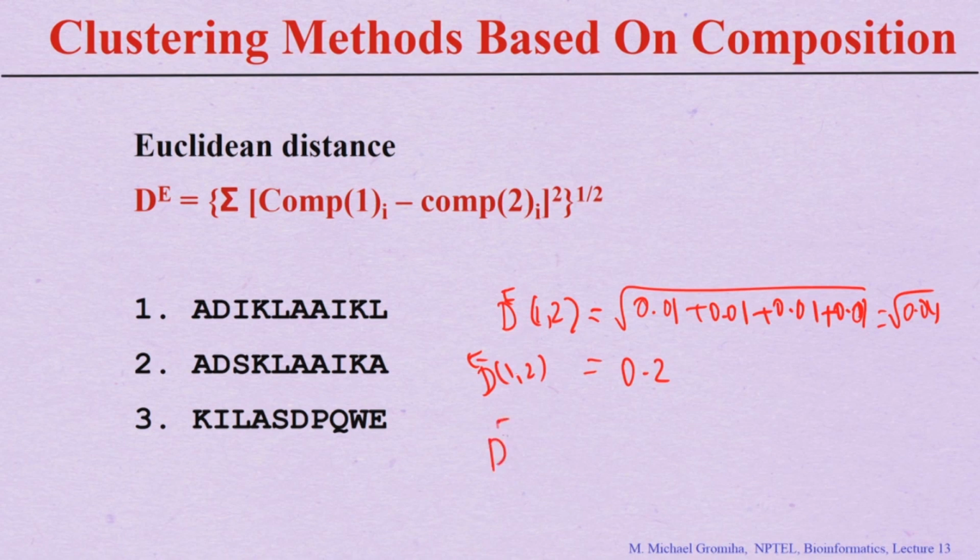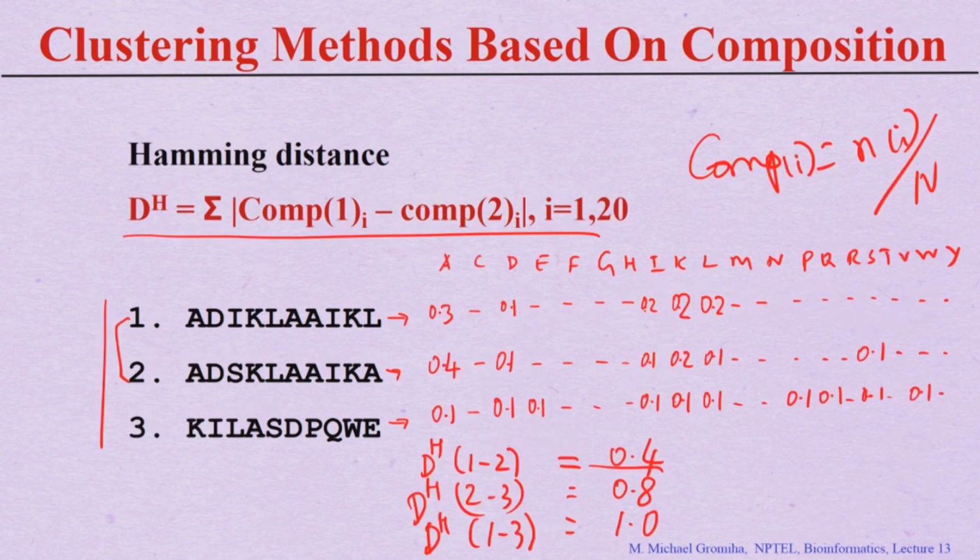How about d e of 2 comma 3? 0.3 square is 0.09, then 0.01, here it is 0, here it is 0.01, 1, 2, 3 times.